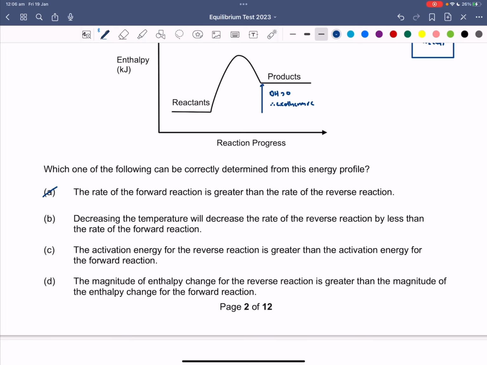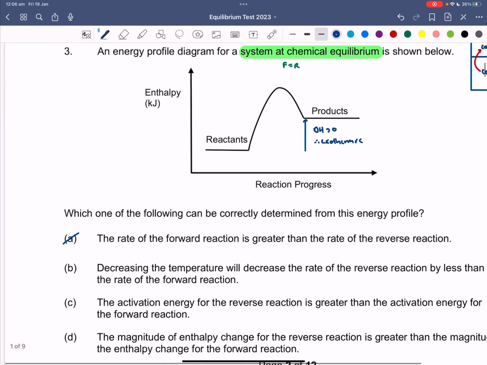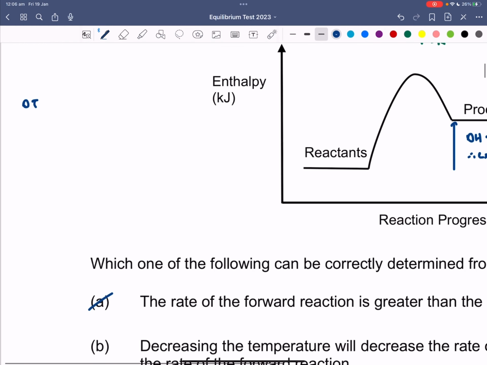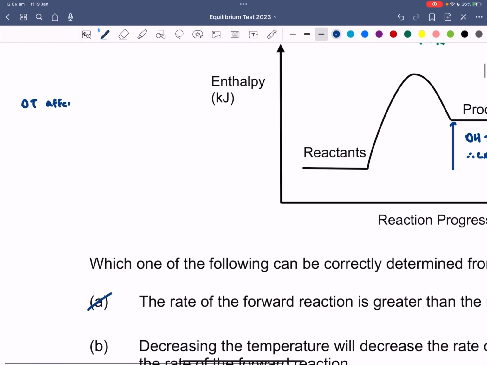forward reaction. Now, everyone should know that when there is a change in temperature, it affects both the forward and the reverse reactions, okay? If there is an increase in temperature, there is an increase in both the forward and the reverse, and if there is a decrease in temperature, there is a decrease in both the forward and the reverse.